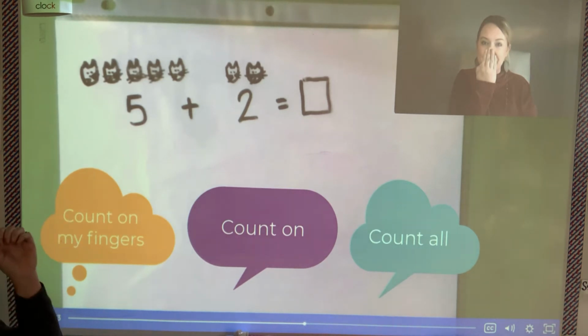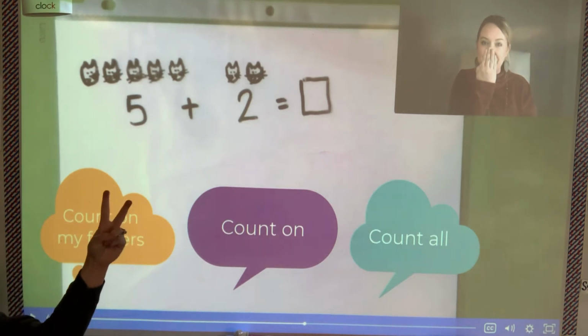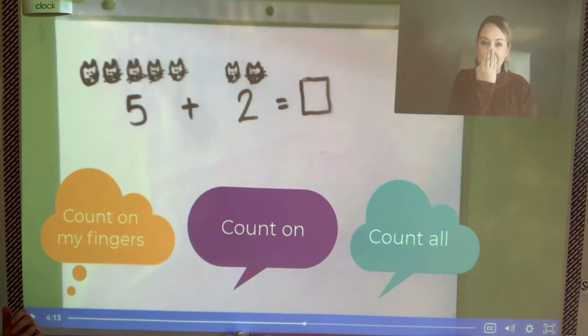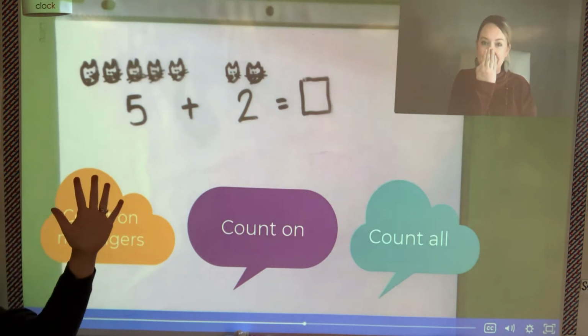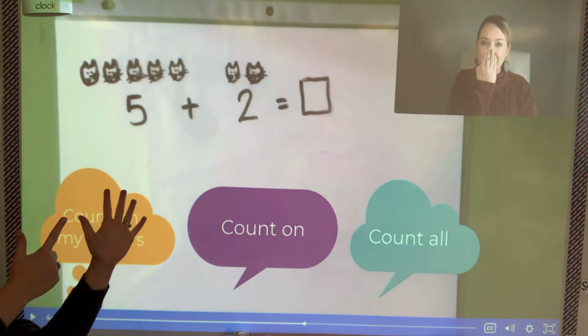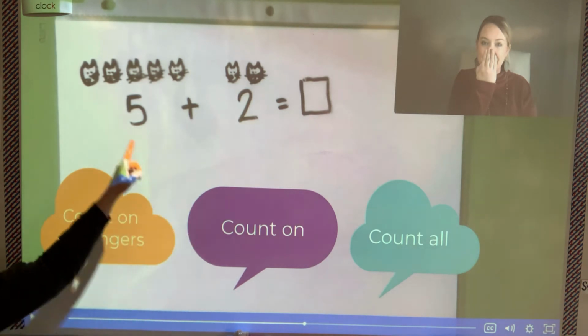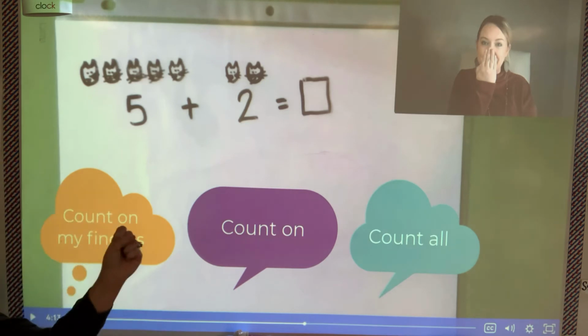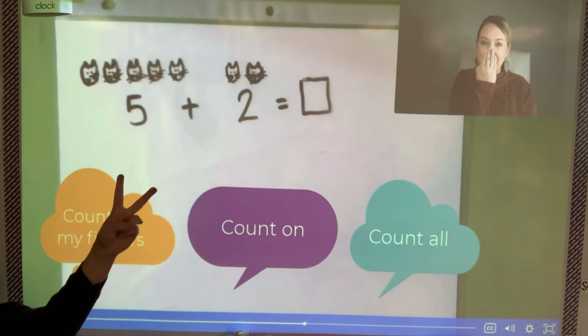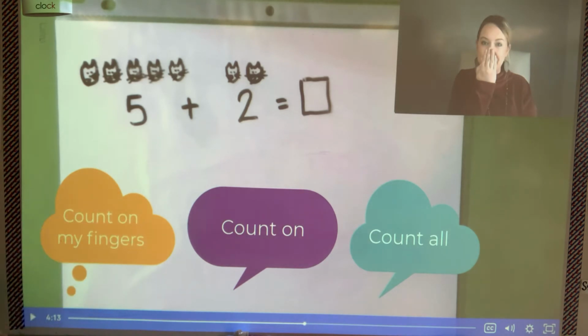You can put 5 in your head and count on 2 more to see how many that is. You can hold up 5 and then show 2 more and count them. You can count on by putting 5 in your head and going 6, 7, or you can count them all. Pick a strategy and solve.